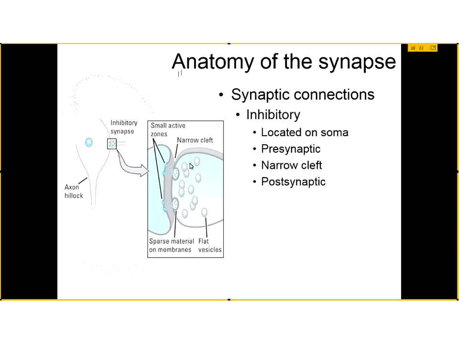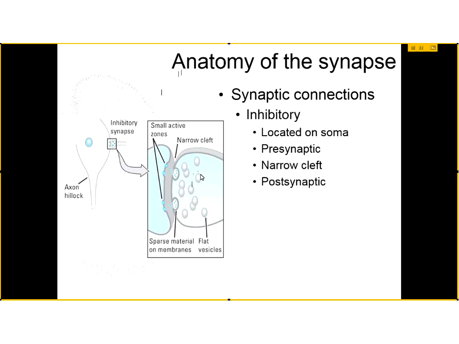Now, we see that inhibitory synapses look different. On the other hand, they have oval vesicles, or flattened vesicles, presynaptically. They also tend to occur on the cell body. So in general, you tend to see more inhibitory synapses on the cell body.